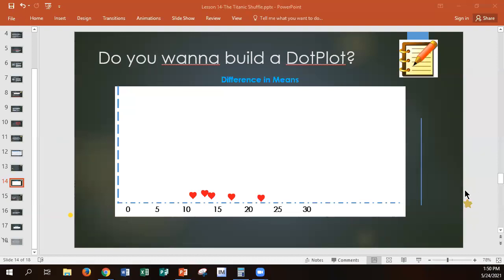Versus all the way over here at 68, from the real data, the real paired-up data. Does that make sense? So visually, we can see this is way out of that range.